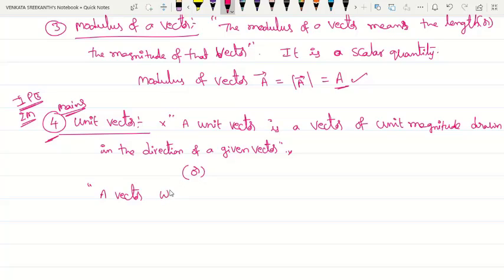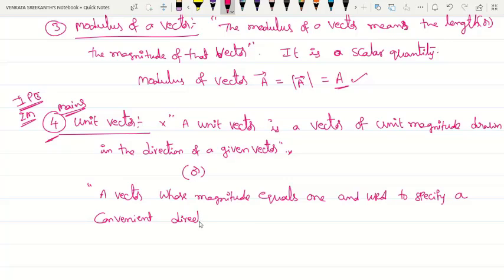A vector whose magnitude equals 1 and which is used to specify a convenient direction is called a unit vector.